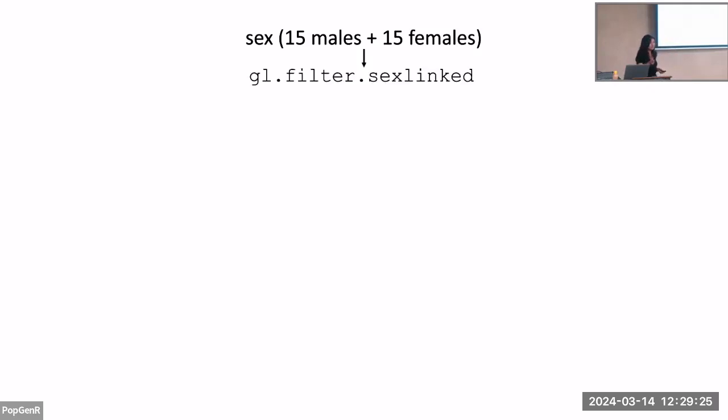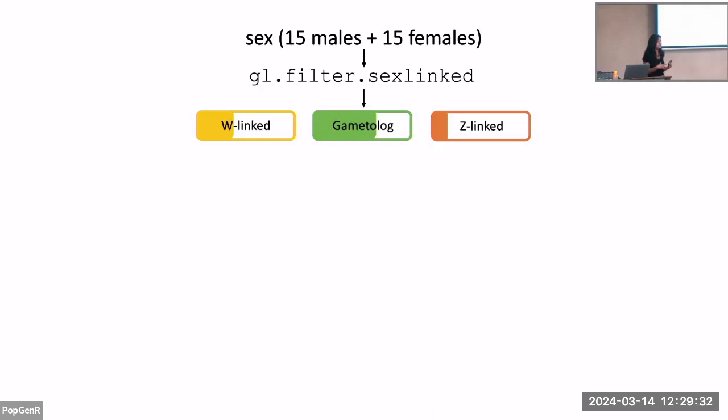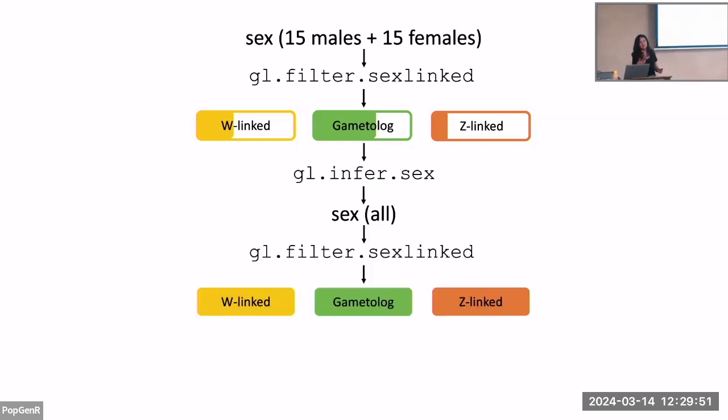You use those as input for filter sex linked, and those will help you identify some sex-linked loci. Not all of them, because with only 30 individuals, you don't have the statistical power to find them all, but you should find some. You use those then as input to infer sex, to sex the rest of your samples, and then you do a last round of filter sex linked to find the rest of your sex-linked loci.